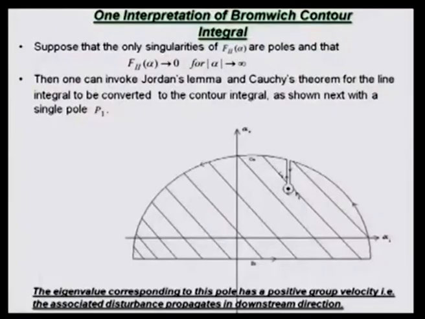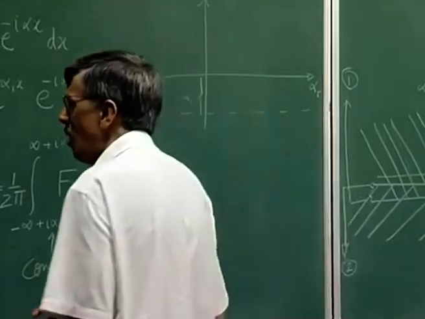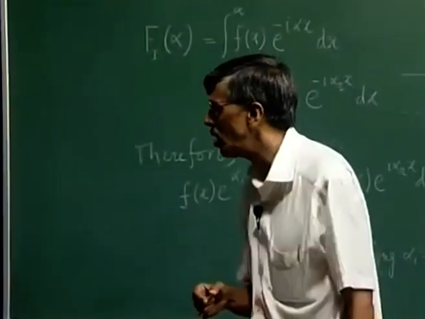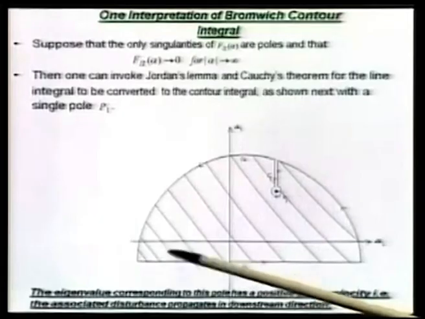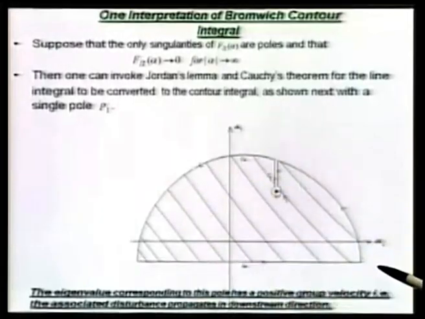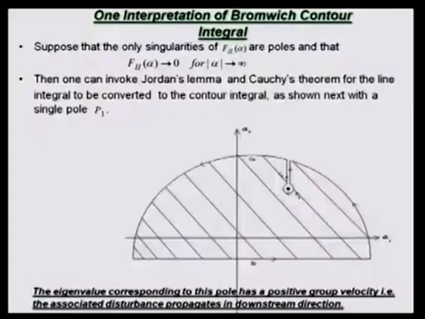Now, you see Jordan's lemma actually gives us a very vital guideline. How do we use the Jordan's lemma, which says that the integral along this is going to be 0. So, what happens if I perform this integral, and this is a closed integral, the function inside is analytic. So, what happens to the integral by Cauchy's theorem? 0, right. So, it is 0.